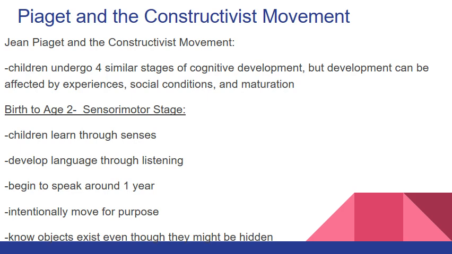From birth to age 2 is the sensorimotor stage. During this stage, children begin to learn primarily through listening. They hear oral speech from their caretakers, their parents or grandparents or guardians, and their siblings. They also begin to learn through the senses, through what they smell, what they touch, what they taste.